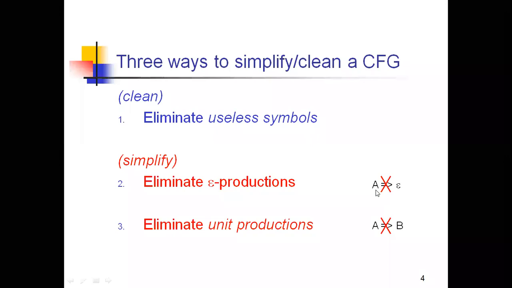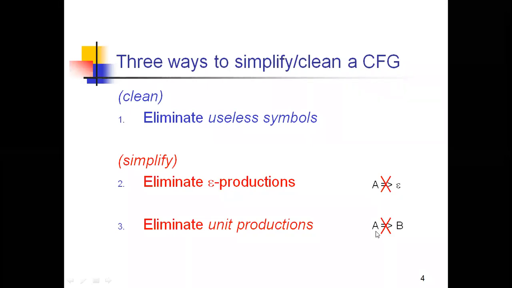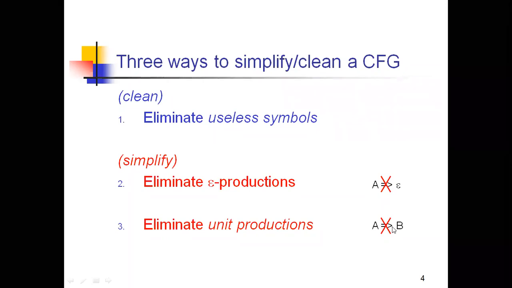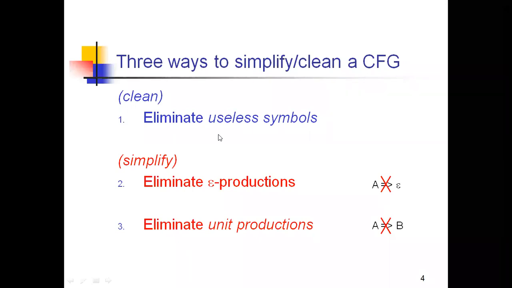That is, if in a production the variable derives epsilon, you need to eliminate it. And if in a production a variable derives only one variable, then it can be considered a unit production, and you need to eliminate it.